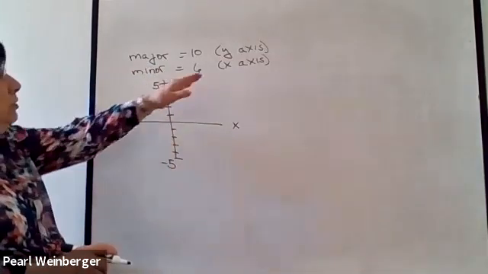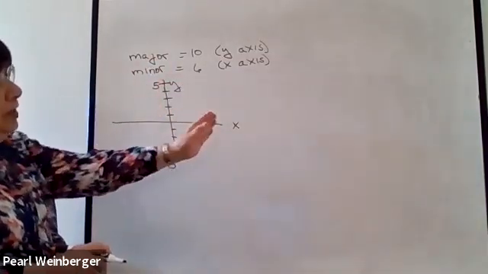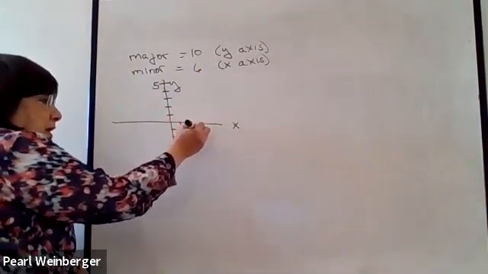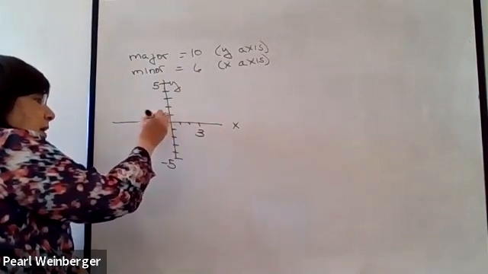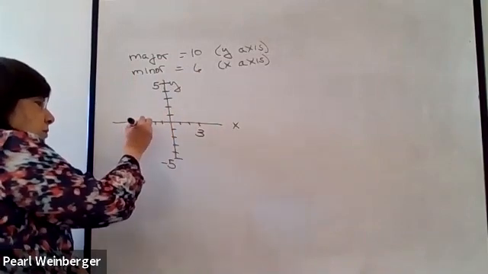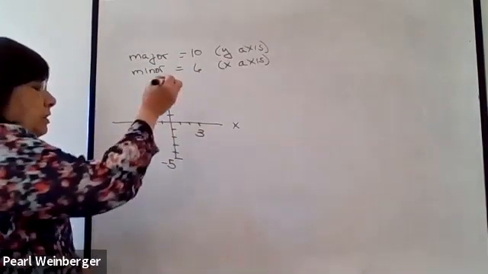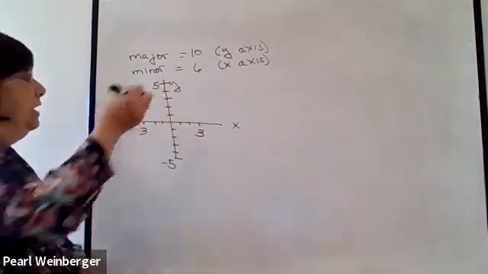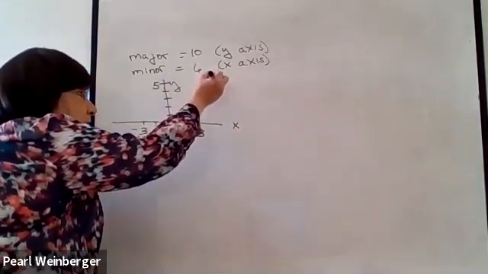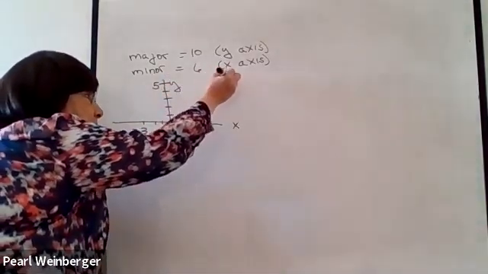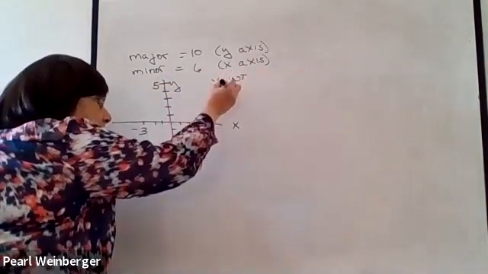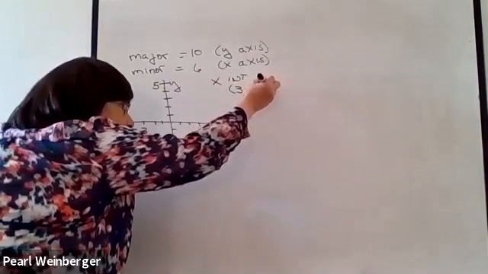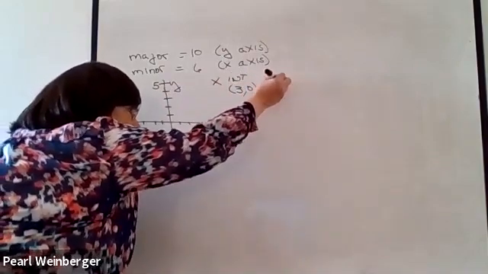The minor axis we said was 6, and it's along the x-axis, which means it has to go 3 to the right and 3 to the left. In other words, it didn't ask this, but if it asked me what my intercepts are, my x-intercepts are (3, 0) and (-3, 0).